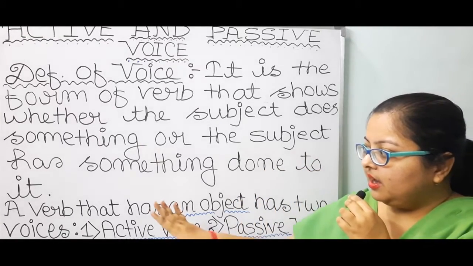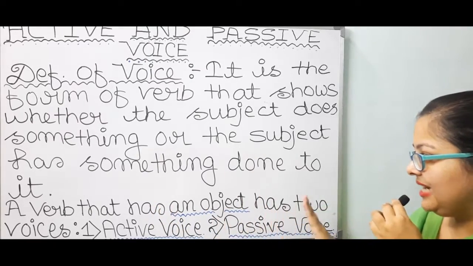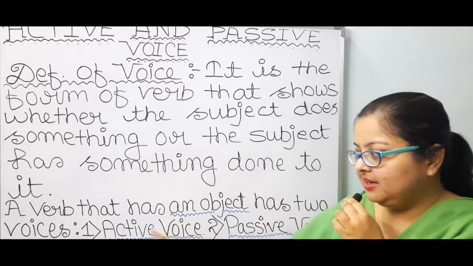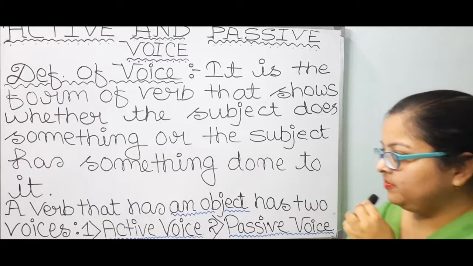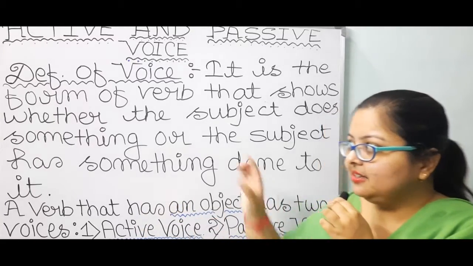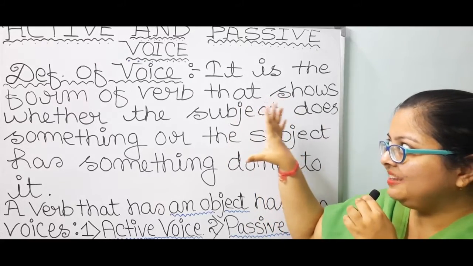Then, a verb that has an object has two voices. Number one, active voice. Number two, passive voice. We are going into these later, but at first, understand the meaning of this.